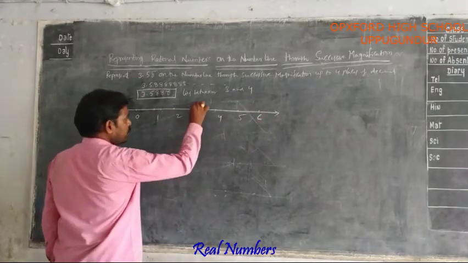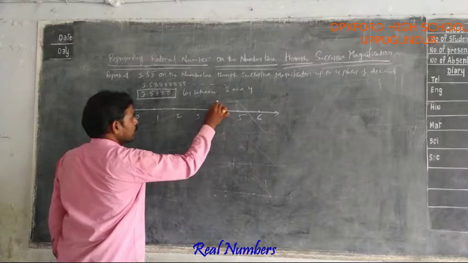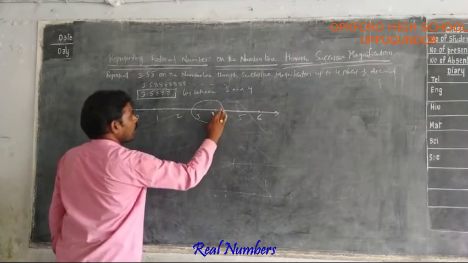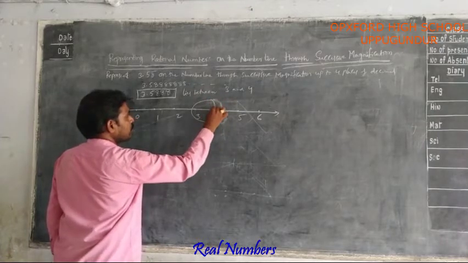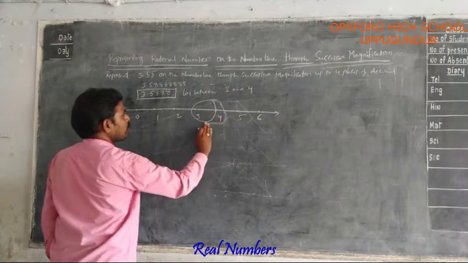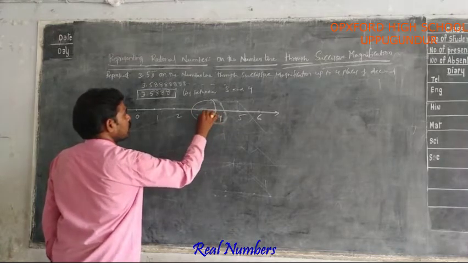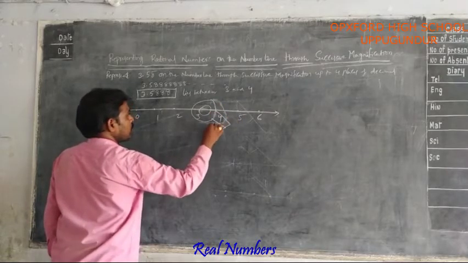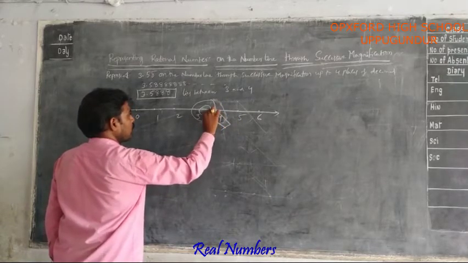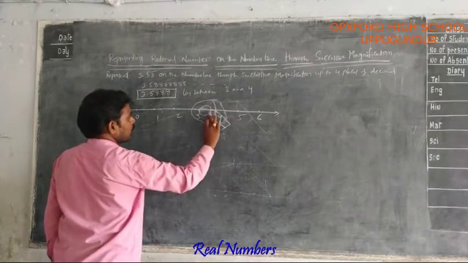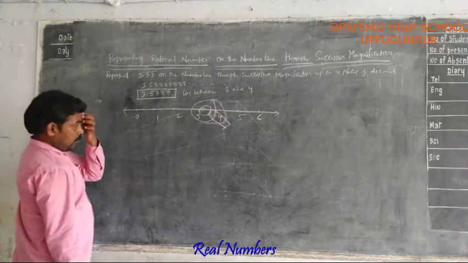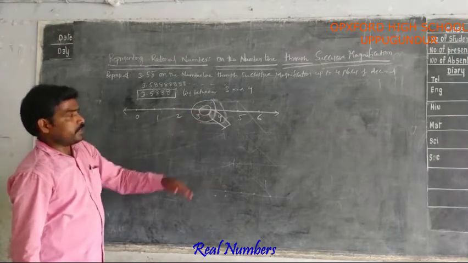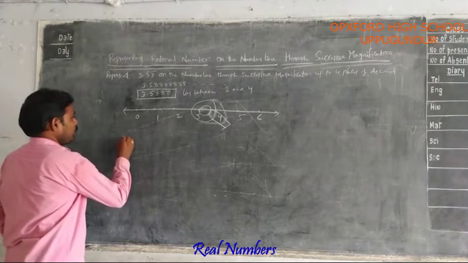In this we have to divide the interval that lies between these two. So using magnification, you have to represent this. This is the interval between these two, again from 3 to 4.